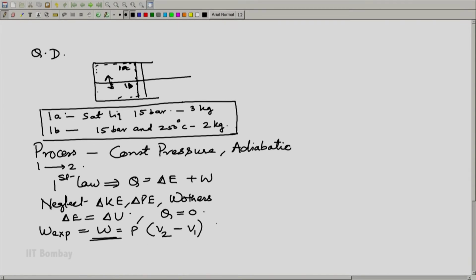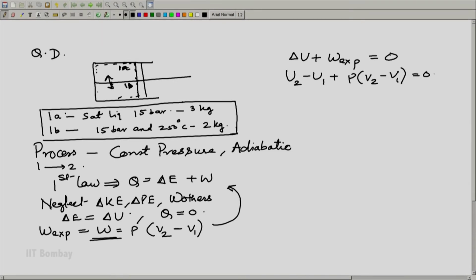So if I put this back in these equations, what I get is delta U plus W expansion is equal to 0, because Q is equal to 0, and therefore I can say now U2 minus U1 plus P into V2 minus V1 is equal to 0.